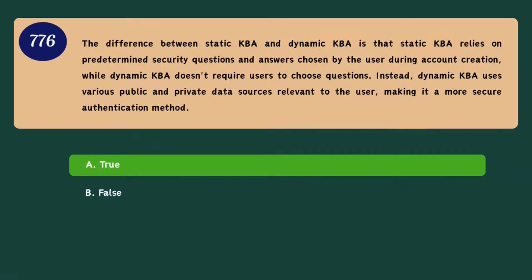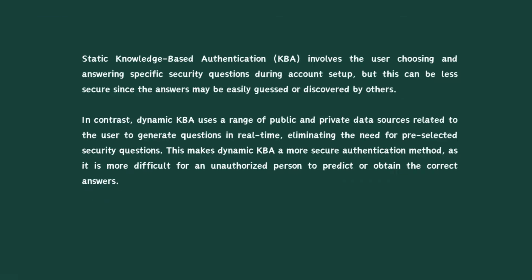Correct answer, A. True. Static Knowledge-Based Authentication, KBA, involves the user choosing and answering specific security questions during account setup, but this can be less secure since the answers may be easily guessed or discovered by others.